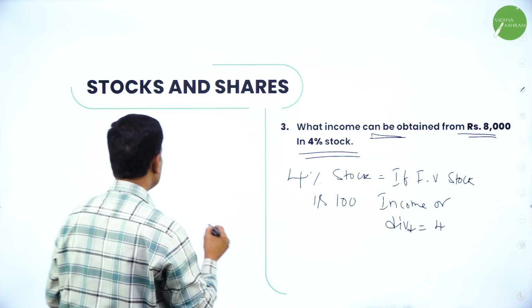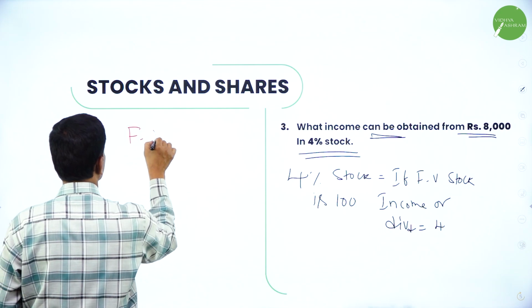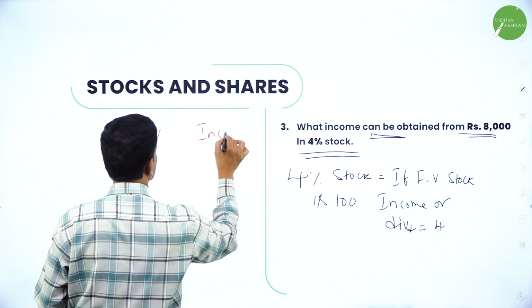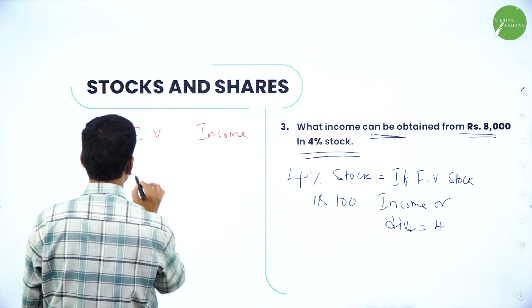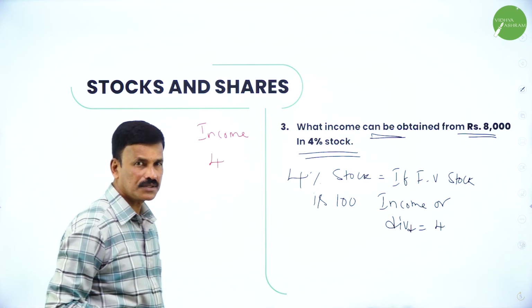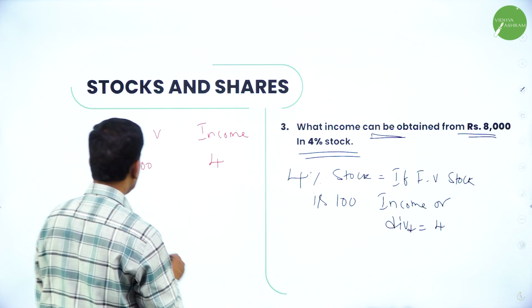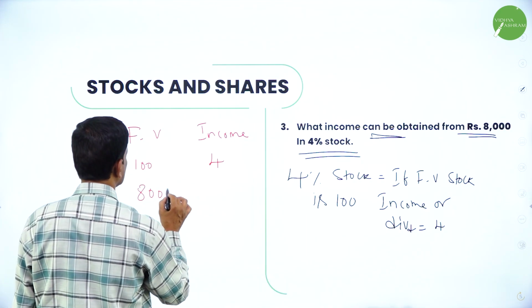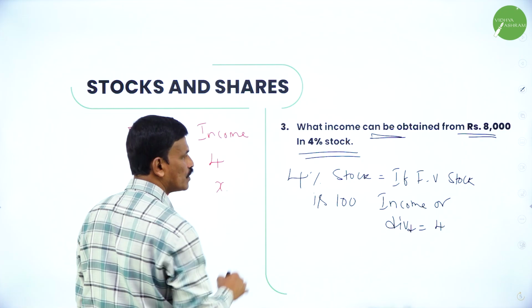So the face value is 100, income is rupees 4. Second condition, the face value is 8,000, income X we have to find.